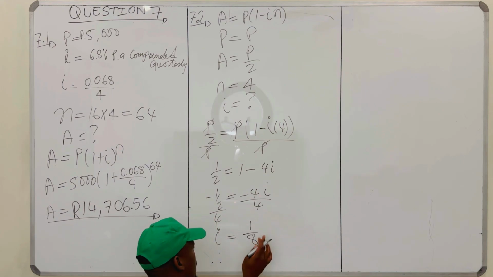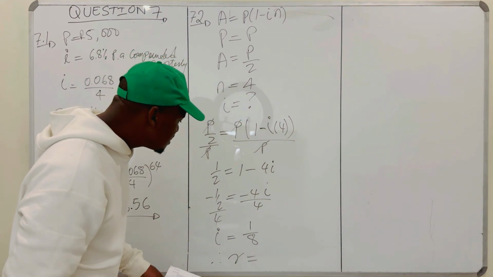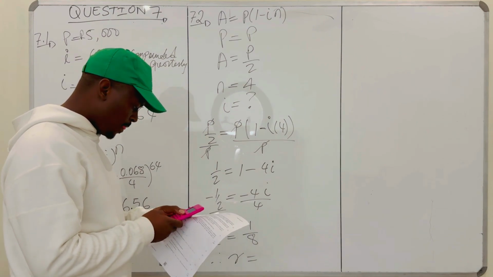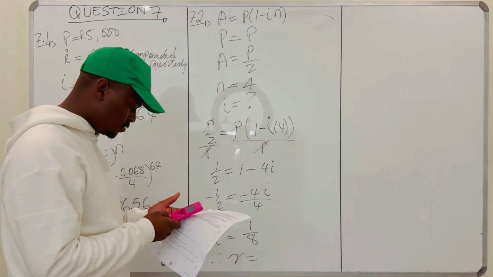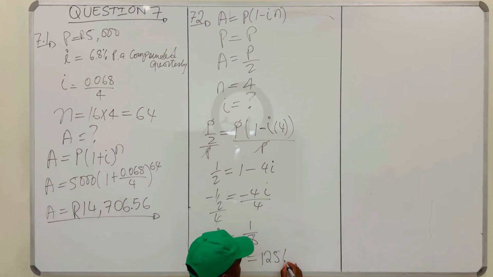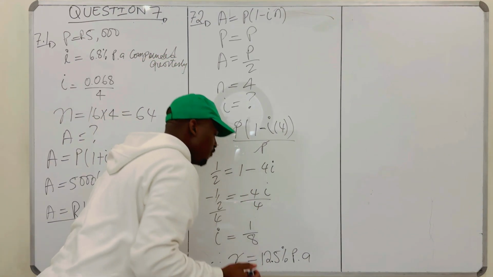Therefore, multiply this by 100. You get that your rate of depreciation is 1 over 8 times 100, which is 12.5% per annum. So this was the average rate of depreciation over that 4-year period.